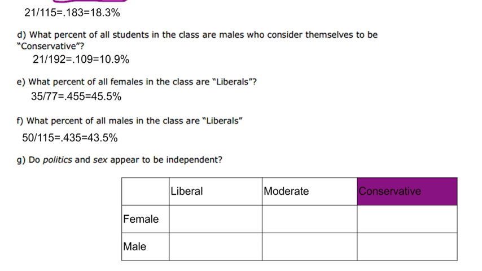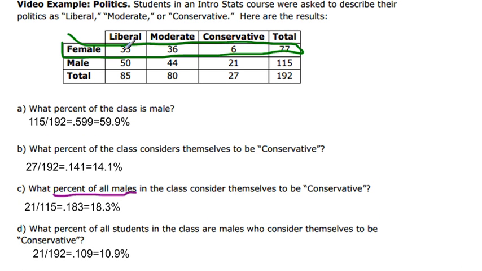Independent means that they have no effect on each other. If politics and sex truly have no effect on each other, the distributions between males and females and their political preference should be the same. We can't just look at the numbers, like the 35, the 50, the 36, 44, 6, and 21, because the total number of males and females that participated in this survey are different. So that's why we have to turn them into percentages.